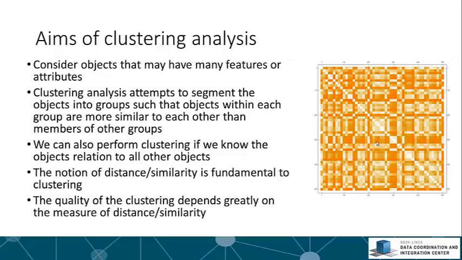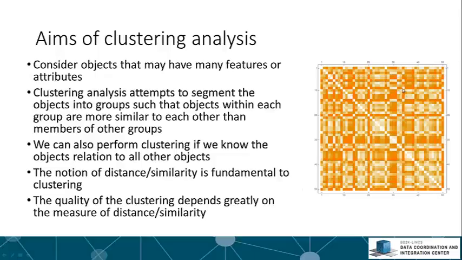Another way to view this clustering is to, instead of considering the features of the objects, consider the relationships between the objects. So here, for those same 50 points that I just showed you in the previous figure, I have a matrix with 50 rows and 50 columns.